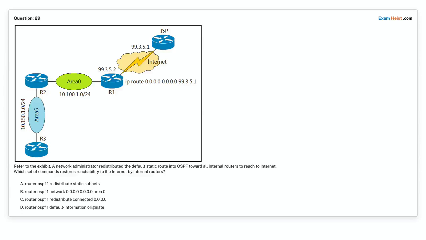Option B. router ospf 1, network 0.0.0.0 0.0.0.0 area 0. Option C. router ospf 1, redistribute connected 0.0.0.0. Option D. router ospf 1, default-information originate. Choose the correct answer. Correct answer is option D, router ospf 1, default-information originate.